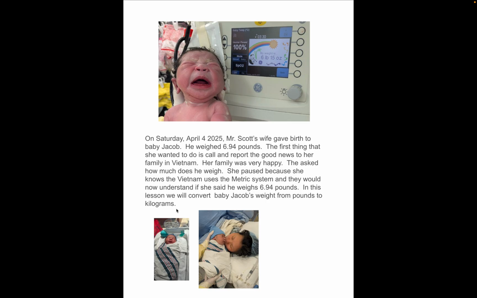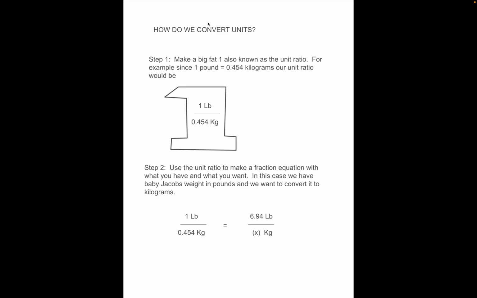All right, here we go. How do we convert units? Step one: make a big fat one, also known as the unit ratio. You have to know how many pounds there are in a kilogram or vice versa, and you can find this online. 1 pound, LB is the symbol for pound, is equal to 0.454 kilograms, 454 thousandths of a kilogram.